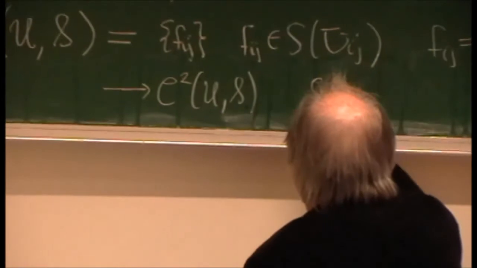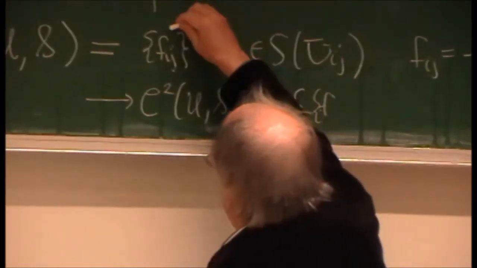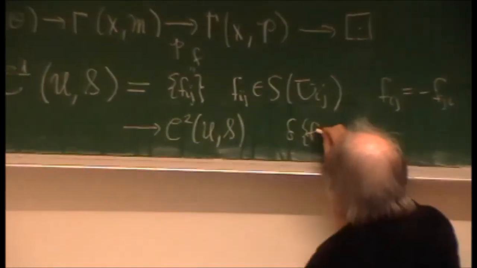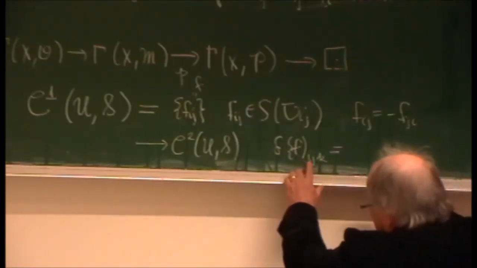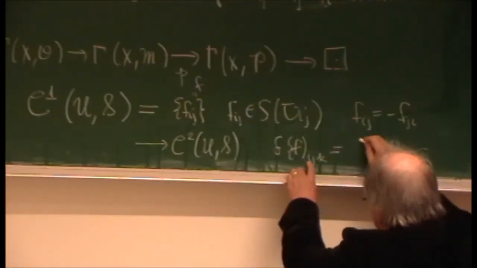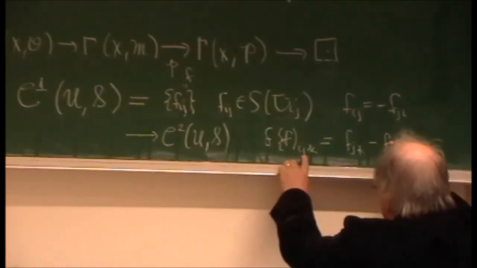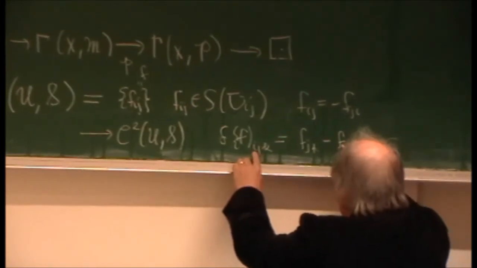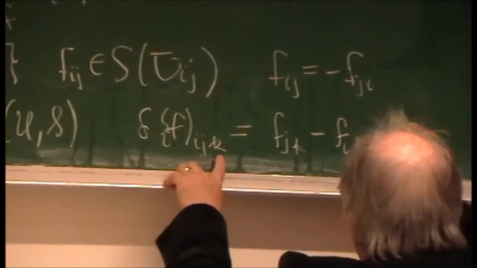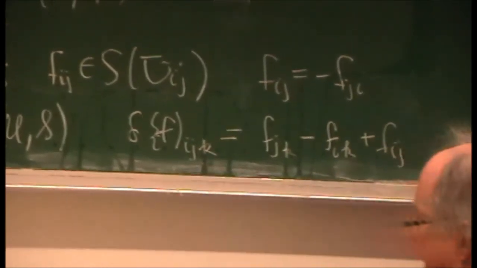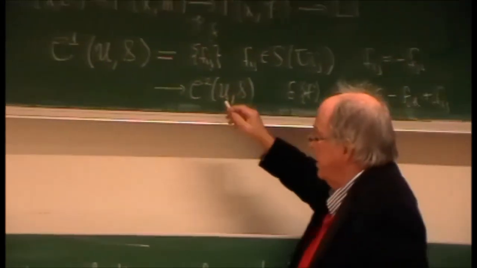And the boundary of this thing, let's call it F, the boundary of F at Ijk, I'll write it down, is you remove I and you get Fjk, you remove J and you get, I may be off by a minus sign here, Fik, and you remove K and you get Fij. This is the boundary map. It's an alternating boundary map from here to here.